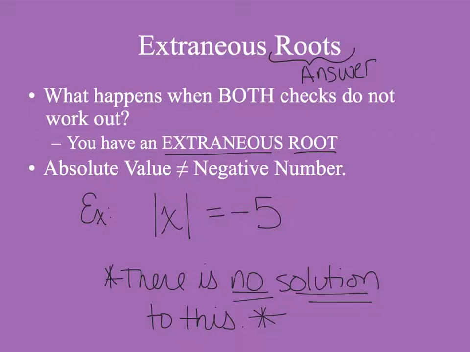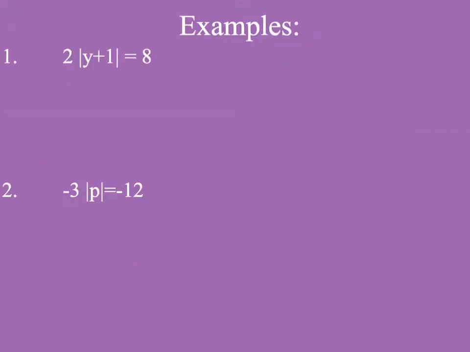All right, let's take a look at the examples. Our first example, 2 times the absolute value of y plus 1 is equal to 8. Our first step is to isolate our absolute value. The only thing that is preventing our absolute value here from being by itself on the left-hand side of the equation is the 2 out front.